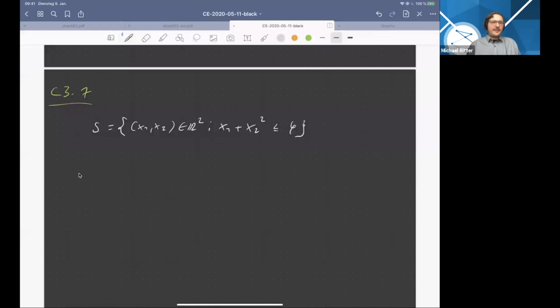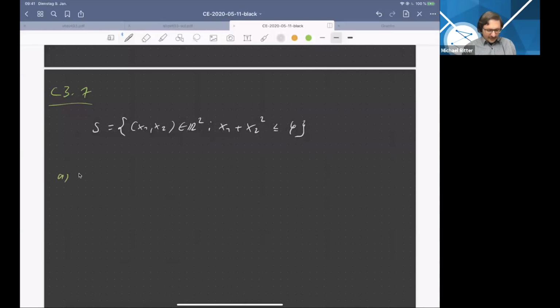Is it closed? Is it neither of the two? Is it bounded? Is it compact? Where are the boundary points? Where are the interior points? And so on. And usually if you can, it's probably good to start with a sketch of the set first. So that's part A, draw a sketch of that set to see how that looks like. And often the question of which points are boundary points, which points are interior points, and so on becomes immediate once you have an idea of how that set looks like.